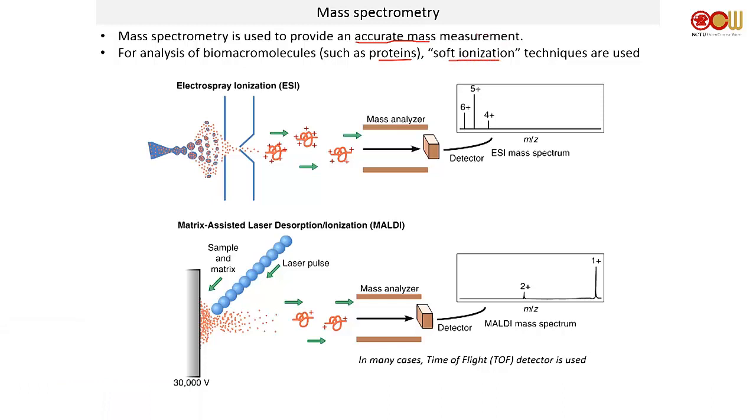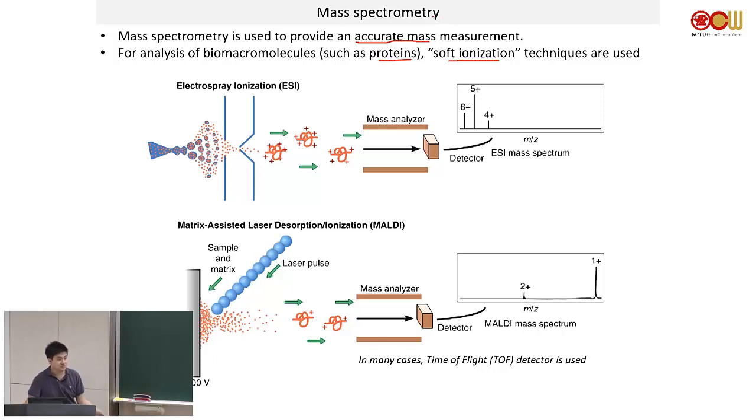Have you taken classes on instrumental analysis? So you know about ionization methods? For example, in GC, gas chromatography, you need to ionize your molecule, and then when it hits the detector, you get a signal.